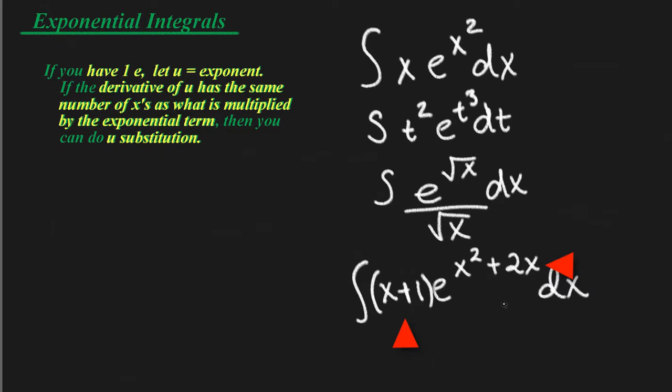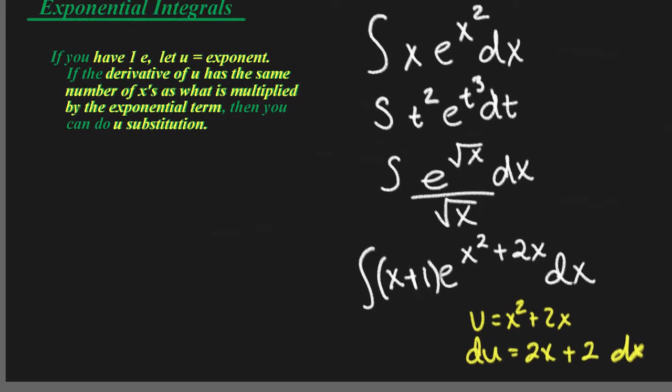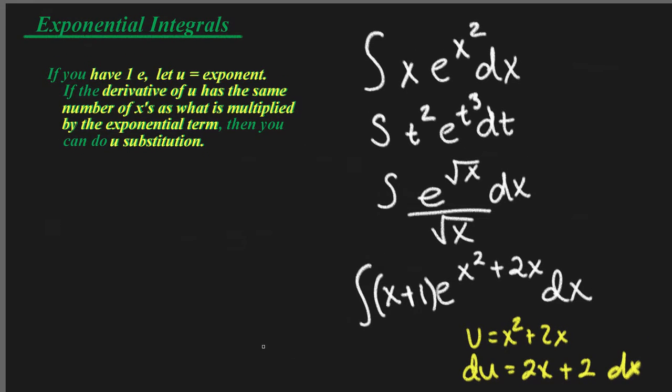So, just real quick, I know this is not the actual example video, if you were to let u equal x squared plus 2x, du then would equal 2x plus 2, and right there you should see a 2 factor that you can pull out in front. So you can make it du equals 2, right? So that would eventually cancel out. So keep an eye out for those things, and that's what you do if you have one e.